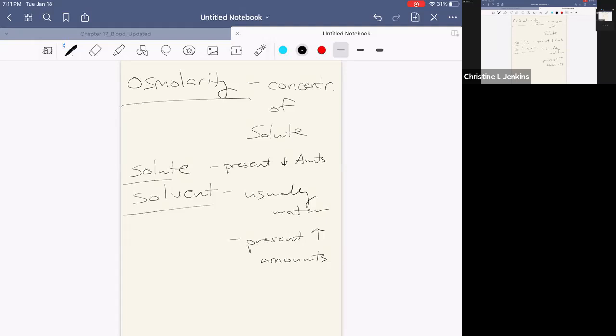So I talk about this because I want to talk about the blood. Do you think the blood, in a normal situation, has a relatively high osmolarity or a relatively low osmolarity? This is a good question, isn't it?